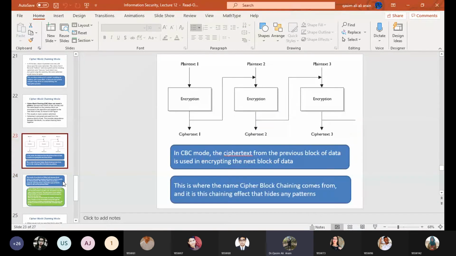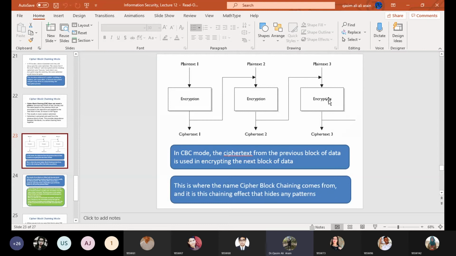Now see, this is a very important concept to understand. Let's suppose you are going to encrypt plain text 3. The encryption will not involve just cipher text 2. This cipher text 2 totally depends upon cipher text 1, and you may call it the combination of cipher text 1 and cipher text 2 that would be combined with your plain text 3, and then the cipher text 3 would be the combination of plain text and cipher text 1 and cipher text 2. So all the blocks depend upon all the previous blocks, not only on the current block, okay? It is not that this block just depends on the previous block.